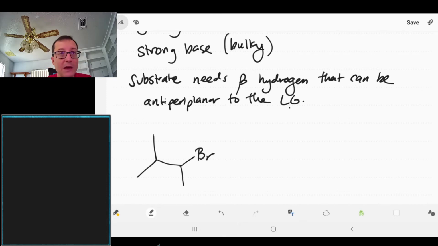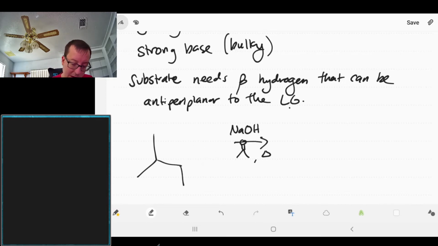So if we have something like this, if we just use a base like sodium hydroxide in acetone, oftentimes heat helps eliminations happen rather than substitutions.